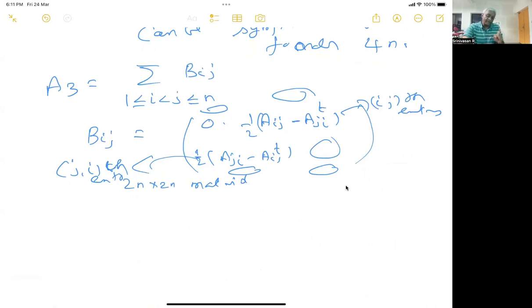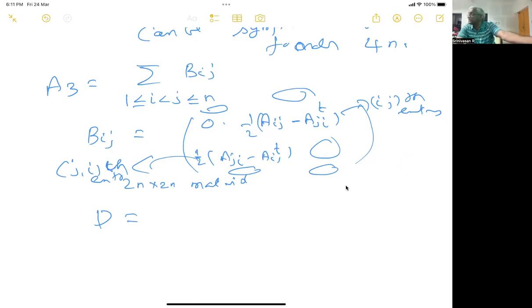Now we first verify that each Bij can be dilated. What is this Bij? Bij has ijth entry like this, jith entry like this, and it's a skew symmetric matrix with the D, something like this. This is the D matrix. We include 0 and everything.